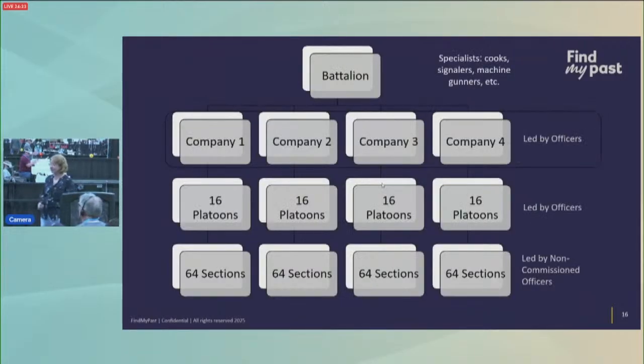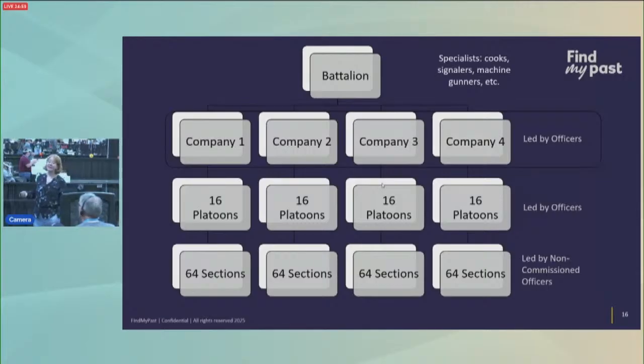So when you look at a battalion, which is again where most of the soldiers live out their daily life, the battalion will include 4 companies that are all led by officers. Each company has 16 platoons, and then each platoon has 64 sections. You got that? It's totally straight and ready in your head? Okay. So the top 2 layers, the companies and the platoons, are led by officers.